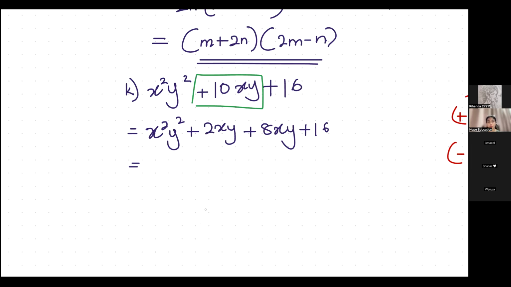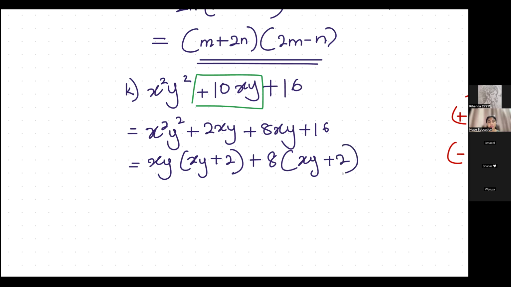In both these x and y are common, so I will take xy out. Here from 2xy when I take x and y out, 2 remaining. Here 8 is common. When I take 8 out, I have xy here. I have 2 here. So I have xy plus 2 and xy plus 8.